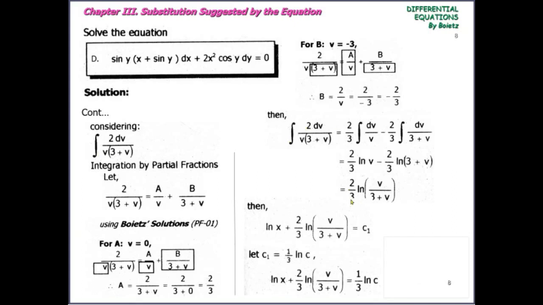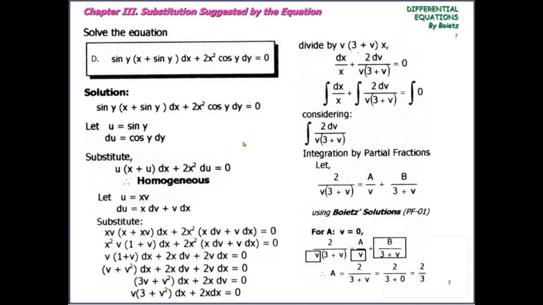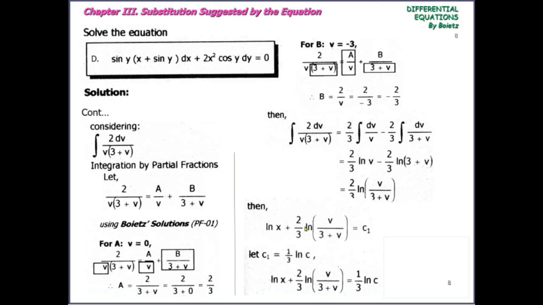The result is 2 over 3 of this. Then we substitute into the original and integrate: ln of x plus the integral of this, which is 2 over 3 ln of (b over 3 plus b) equals c1. Then let c1 equal 1/3 ln of c.